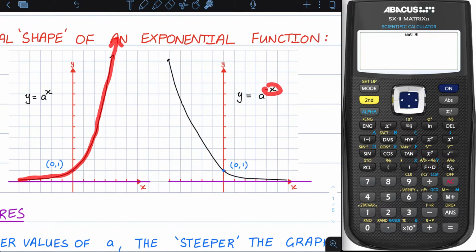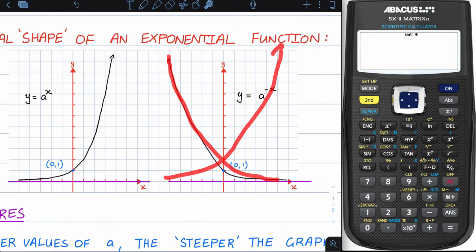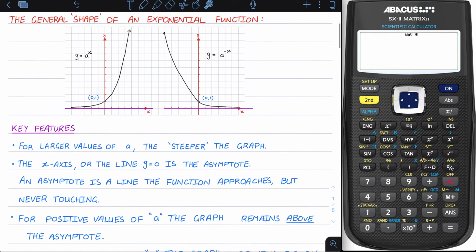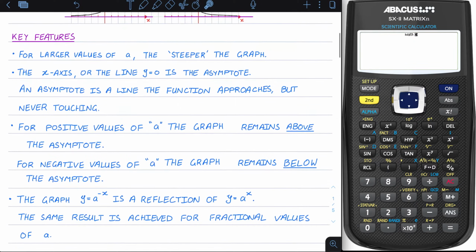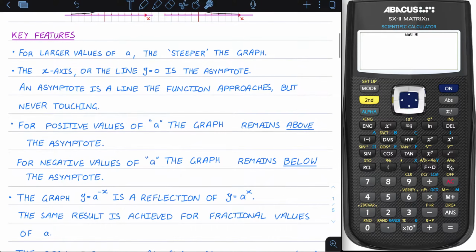When it's a negative x, notice how it's kind of like a reflection of the original. That's actually one of the key features that we'll be going through here. So let's get to it.